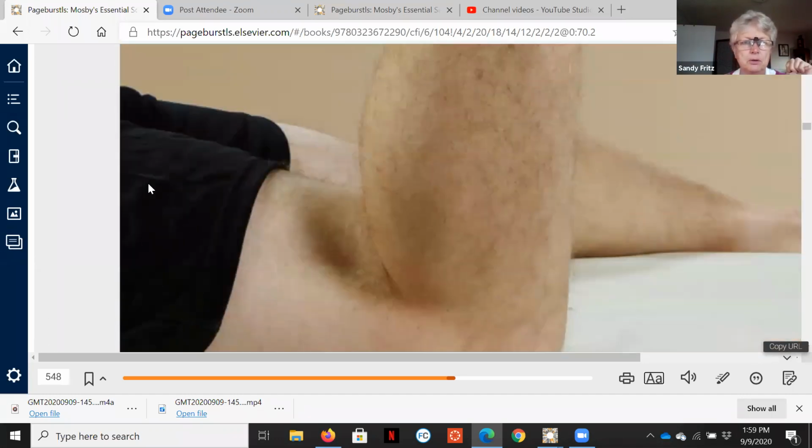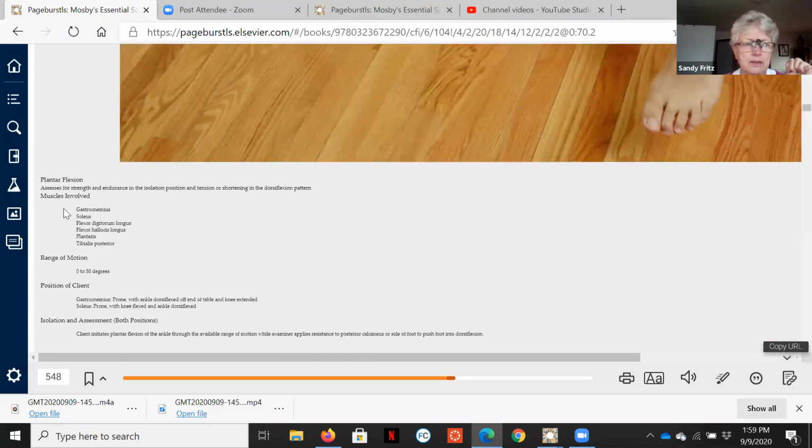And the opposing group over here, these that took it into plantar flexion, they have to switch. They have to switch from functioning concentrically to functioning eccentrically to allow that back and forth movement.